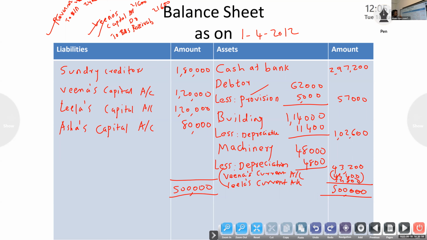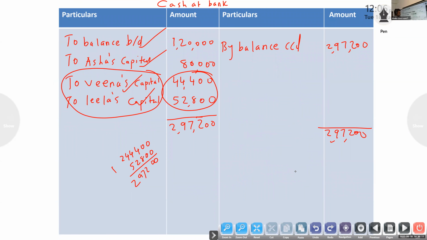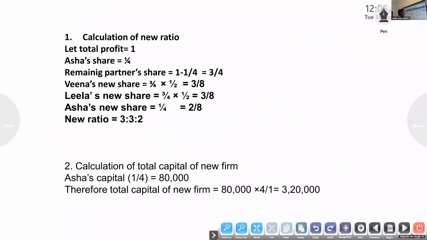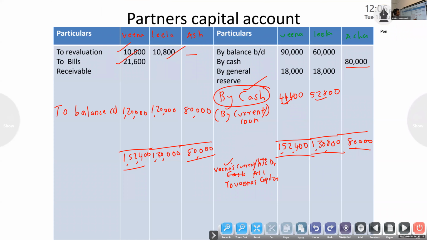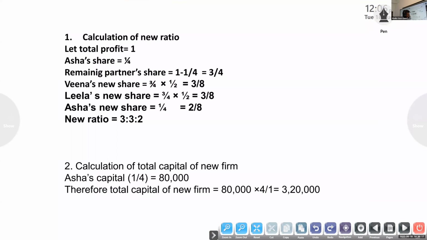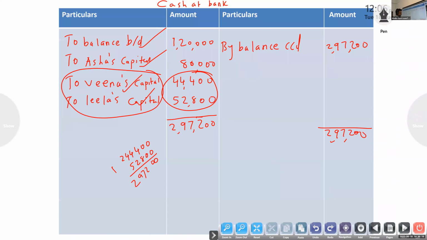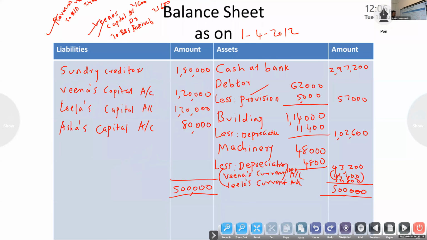So if it is current account, Veena's current, or if it is a loan account, or the same question, if it is a capital account we adjust to current account, it won't come here. First it will come in the partners' capital account, and the difference we have to adjust by current. Then on the same side: if it is credit, write it on the same liability side; if it is debit side, you have to write it on the asset side. Okay, same side you have to write.